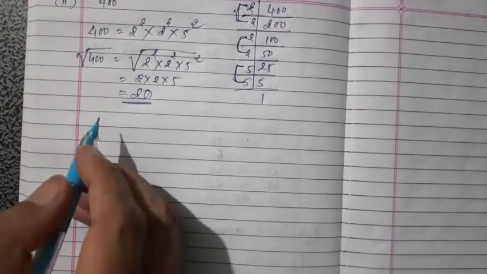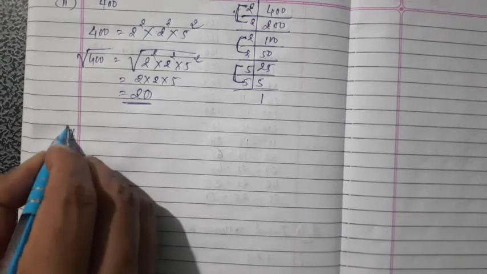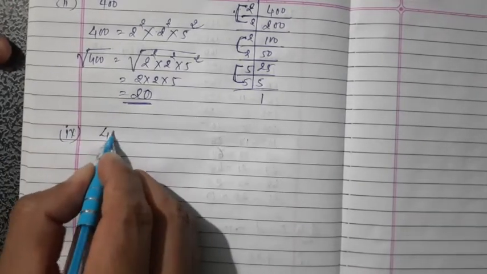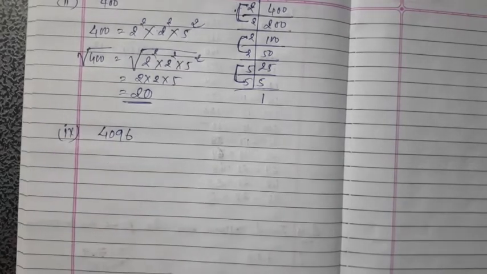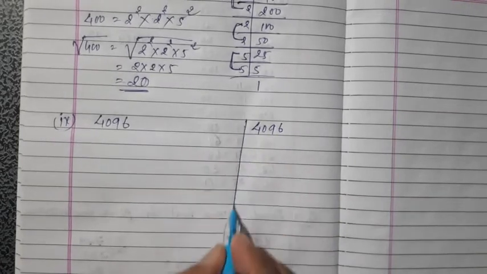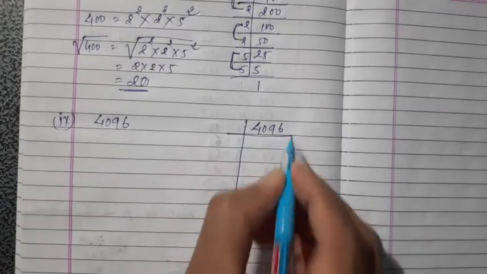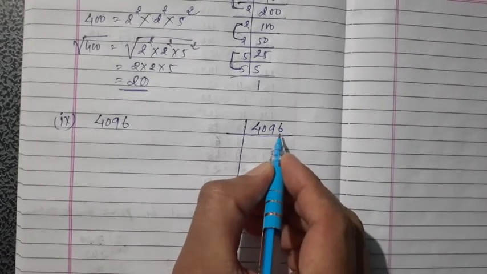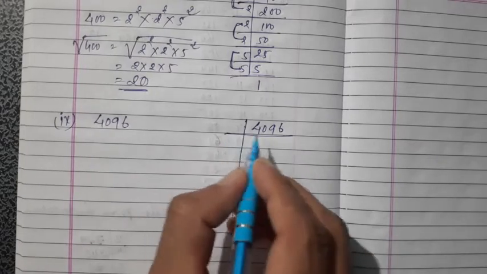Okay. Now fourth one. Look, fourth one is 4096. So factorize that number, 4096. Always start with the lowest prime number, that is 2. Just check the last digit, if it's an even number, we can divide by 2.